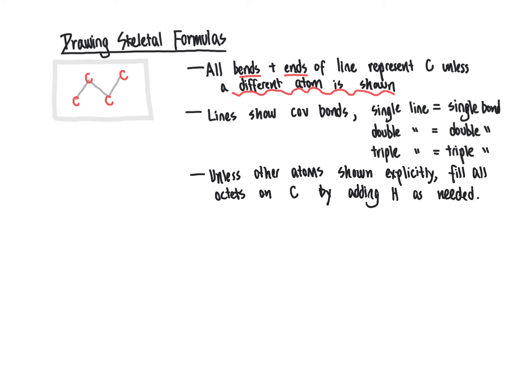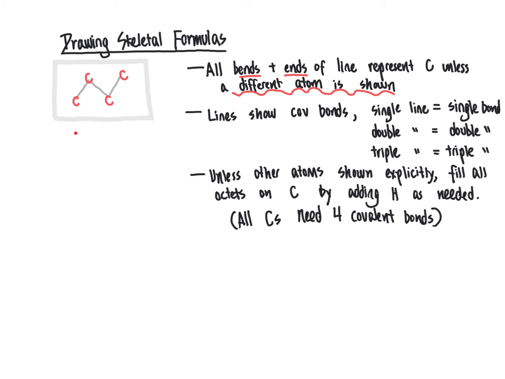And we can do this because we know that all carbon atoms, as we've seen time and time again so far, need a total of 4 covalent bonds. So in other words, whatever covalent bonds are missing from each carbon atom that we see, we can assume that the octet is filled for that carbon by filling in with hydrogens as needed. So for example, I'll do bright green here.